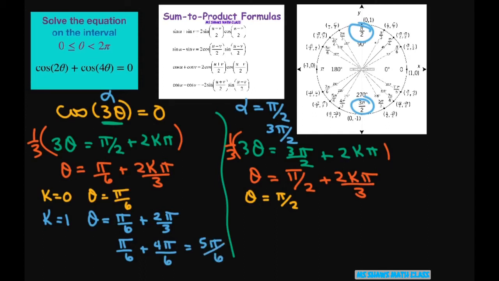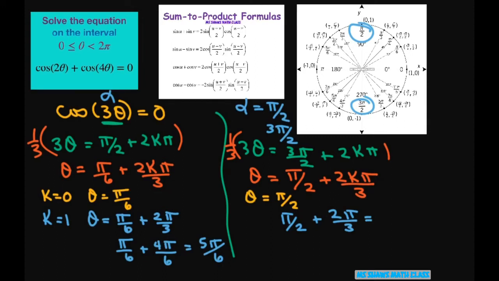Now this one, we have pi divided by 2, so let's see what this one would be, pi divided by 2 plus 2 pi divided by 3.